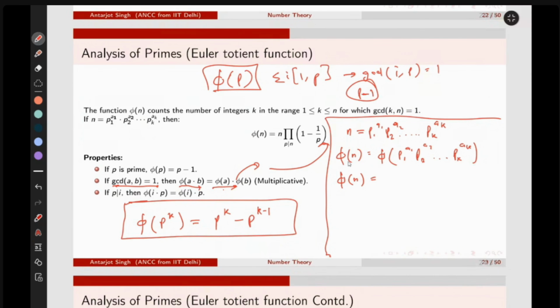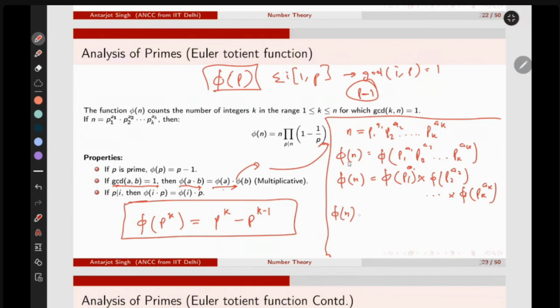So we can just write this as phi of p1 to the power a1 times phi of the rest, and we use this again, then at the end we are going to get this. As we calculated, our Euler-Totient function for a prime to the power k is this.